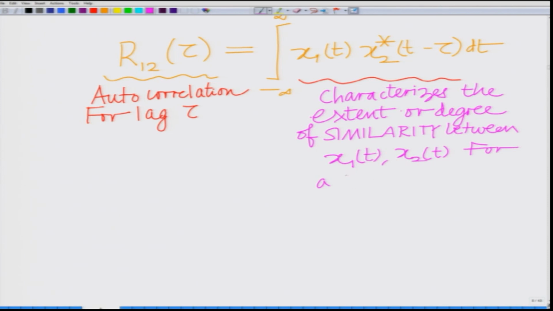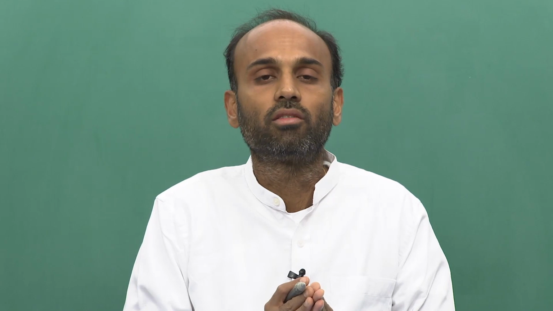That is, what is the extent of similarity between x1(t) and x2(t) shifted by tau? What is the extent of similarity between this signal x1(t) and x2(t minus tau)?